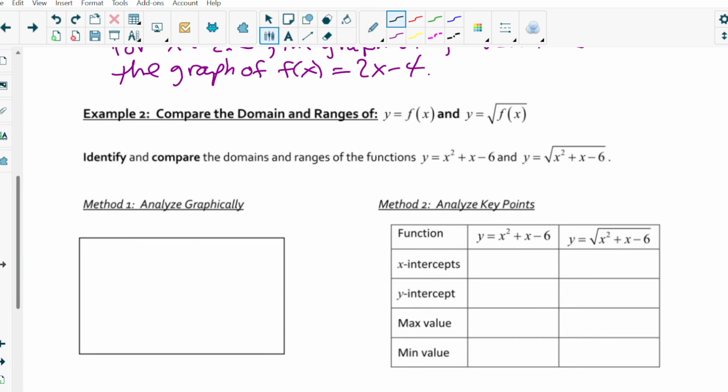When I graph this, let's put a couple of key points down here. So in red, I have -3, +2, and then I have y-intercept of -6.